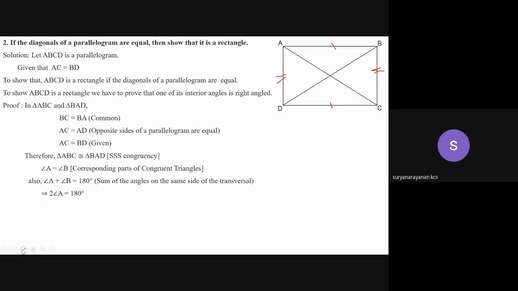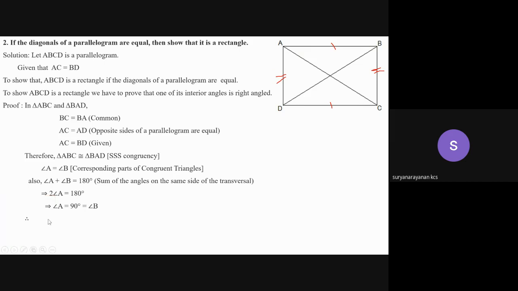So 2 angle A is equal to 180 degrees. This implies angle A is equal to 90 degrees, that is equal to angle B. So we have shown that angle A is 90 degrees and angle B is also 90 degrees. Understood this point, my children?